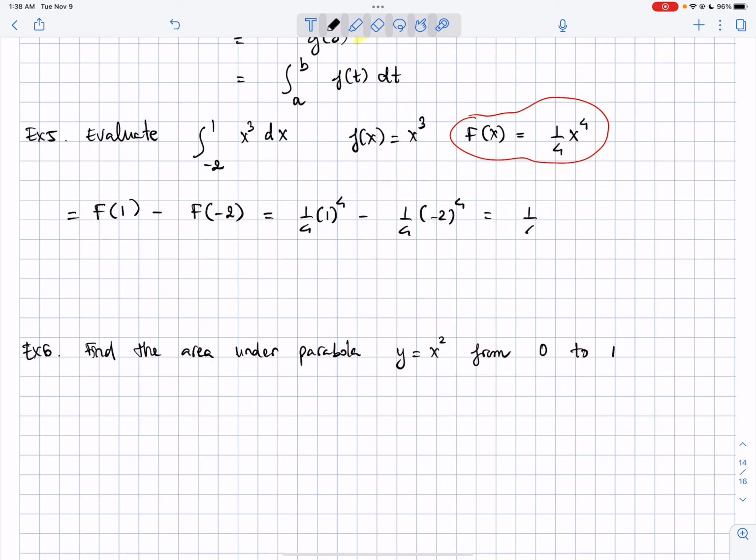So we have 1 over 4 minus 1 over 4 times -2 to the 4th, which is 16. And we have 1 over 4 minus 16 over 4, and it's equal to -15 over 4.